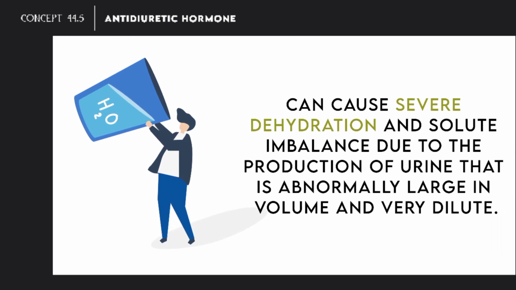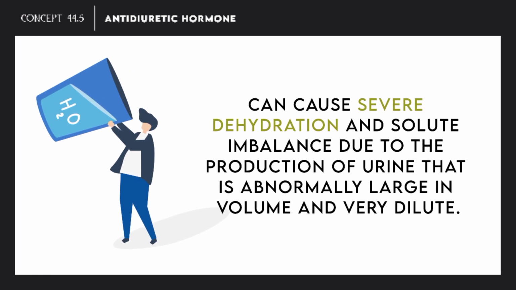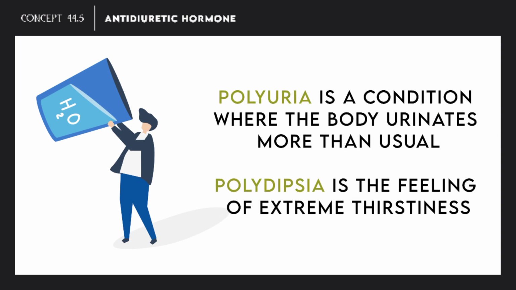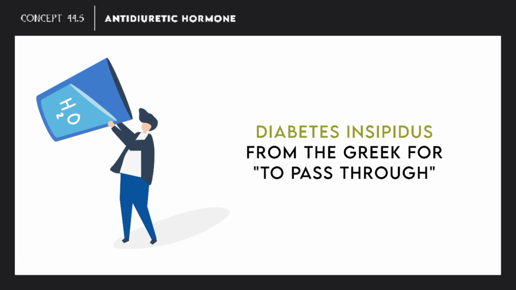This can cause severe dehydration and solute imbalance due to the production of urine that is abnormally large in volume and very dilute. This condition is called polyuria, and a person can also develop polydipsia, or excessive thirst. These symptoms are the conditions of diabetes insipidus, from the Greek word meaning to pass through.